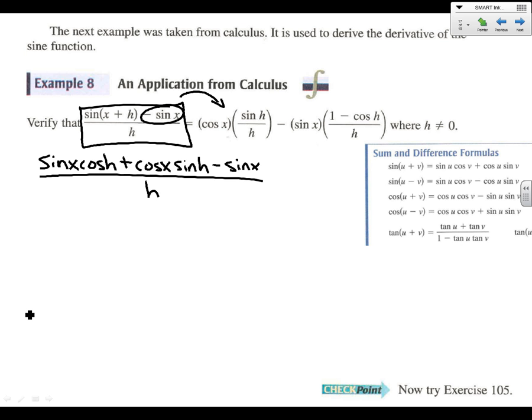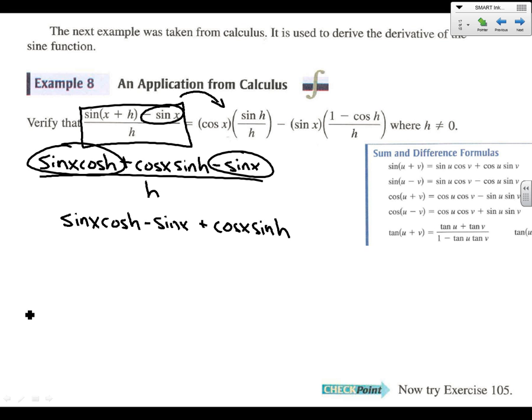All right, I'm going to put these two terms together because they both have sine x's in them. So I'm just going to rewrite this real quick. Sine x cos h minus sine x plus cos x sine h all over h.